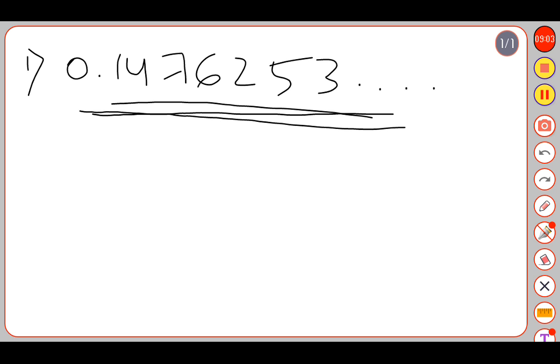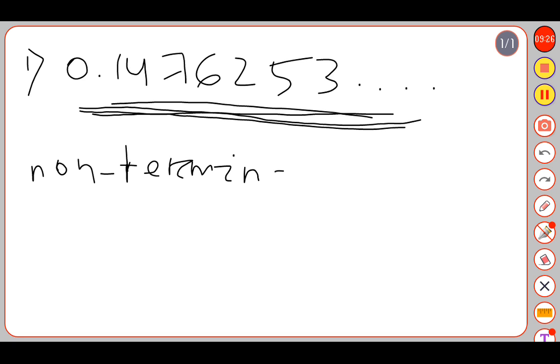So we can call this type of decimal expansion, where in the quotient the numbers are not repeating and it is not terminating, non-terminating non-recurring.